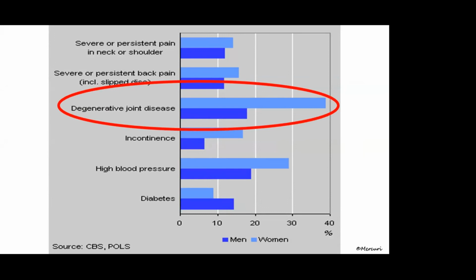And if we look at this closely, we see that women have a higher incidence of osteoarthritis than men. Basically, this is because of the estrogen issue and its relationship to bone and osteopenia.